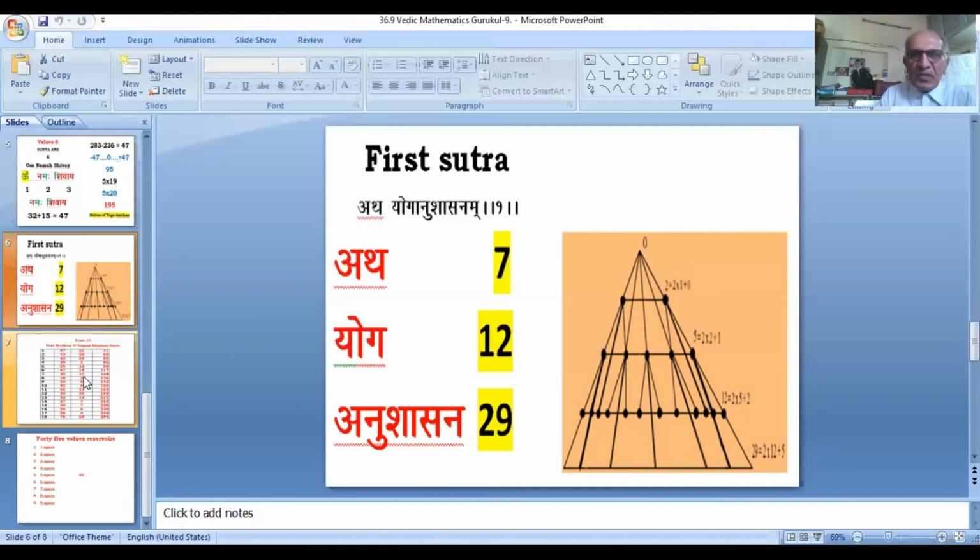See, the one formulation is Atha, and when we have a domain split spectrum, we know that at the initial stage of the split, there will be a pair of streams. At the next step, there will be 5 streams. So 2 plus 5 is equal to 7 is the first reach. And then the third and the fourth split streams are 12 and 29, which makes Yoga Anushasan.